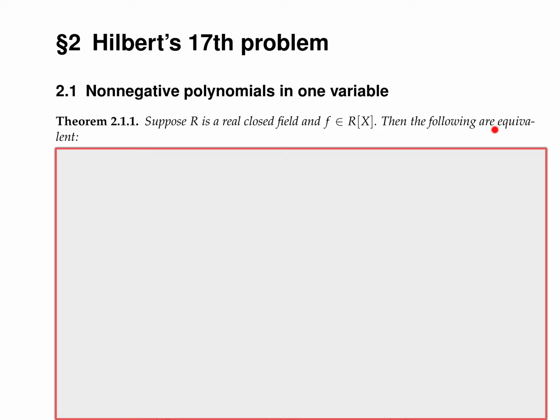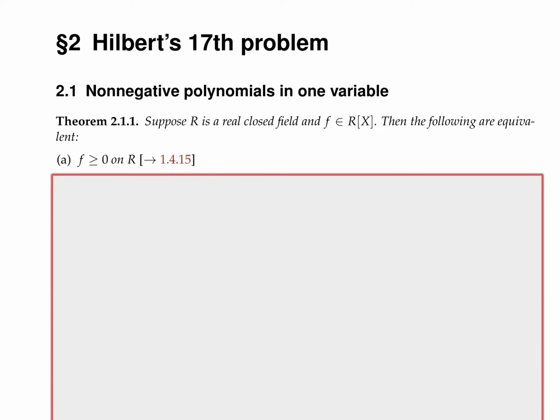Then the following are equivalent. A: F is non-negative on R, meaning that if you plug in any element from R for the variable, you get a non-negative element in this real closed field.